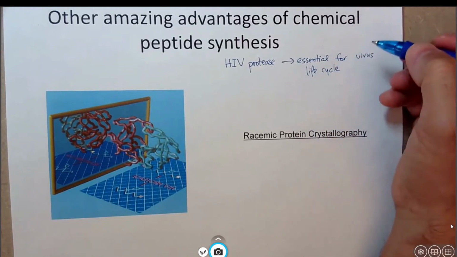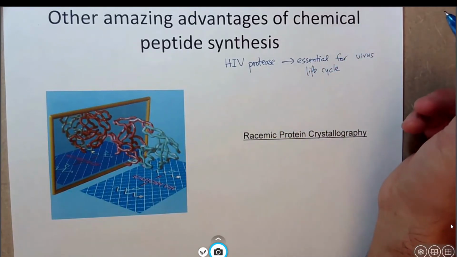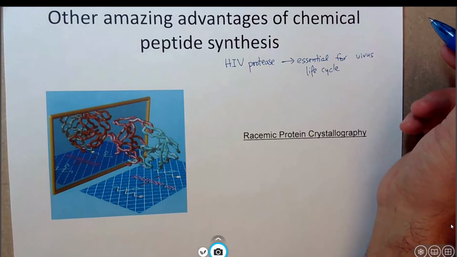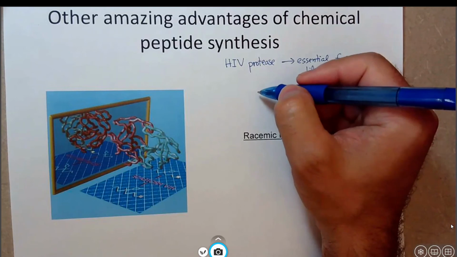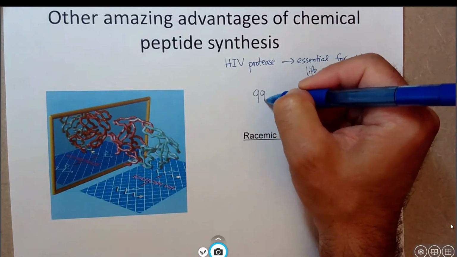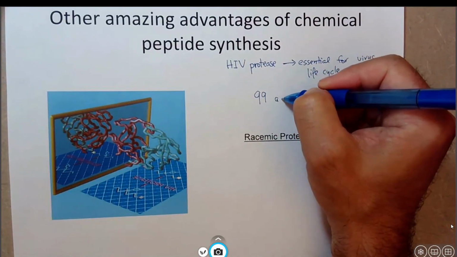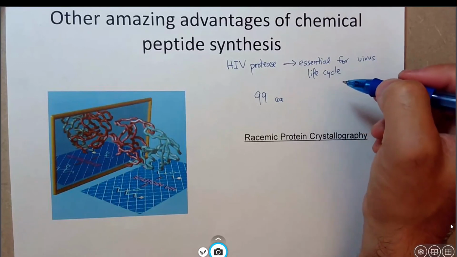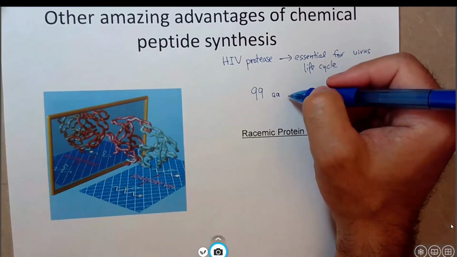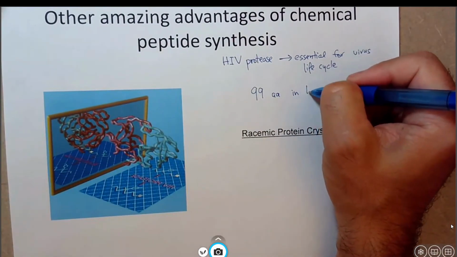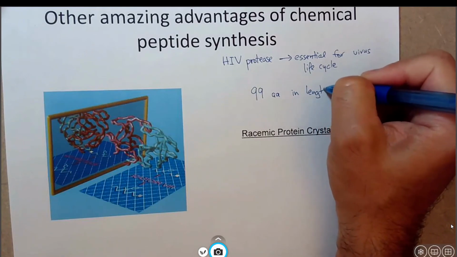For many years, researchers were trying to study the structure of this using crystallography or NMR, because if they could get the three-dimensional structure, then they could start designing molecules that could bind and inhibit it. One of the attractive features too was that this is a fairly small protein compared to other ones. It's less than 100 residues, 99 amino acids in length.